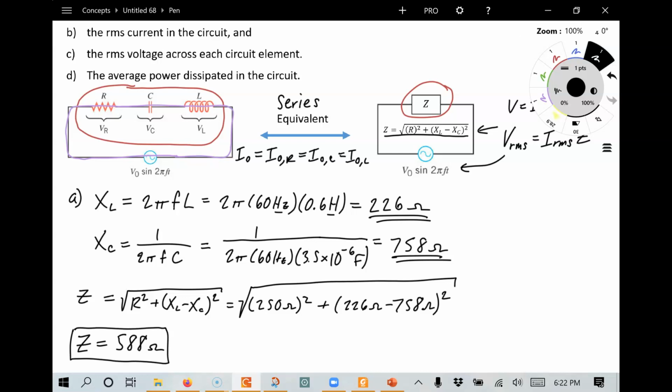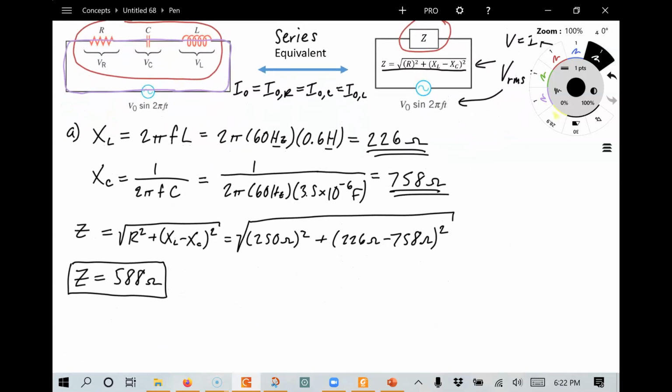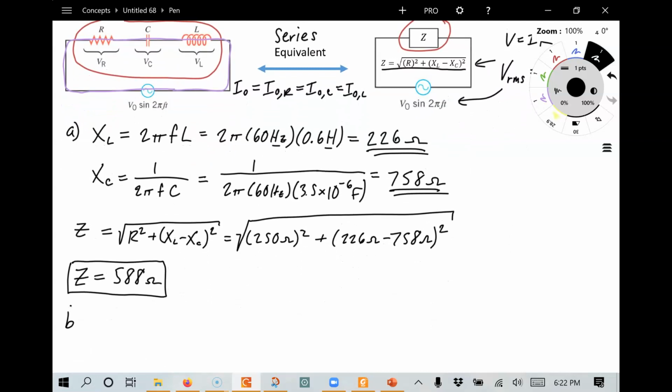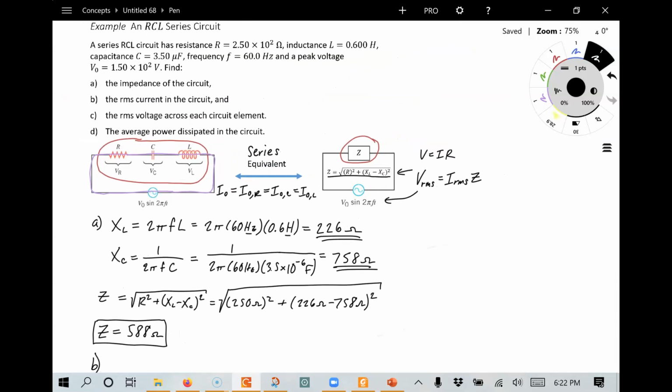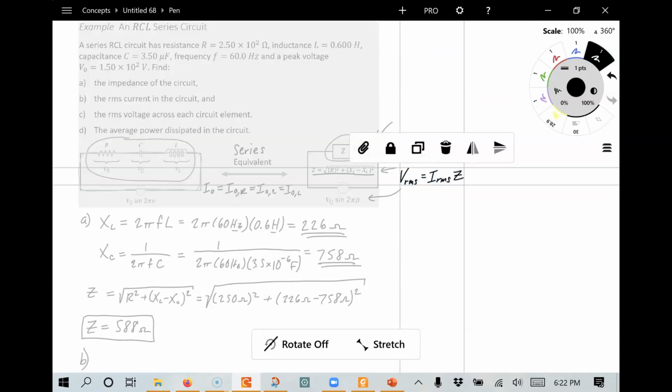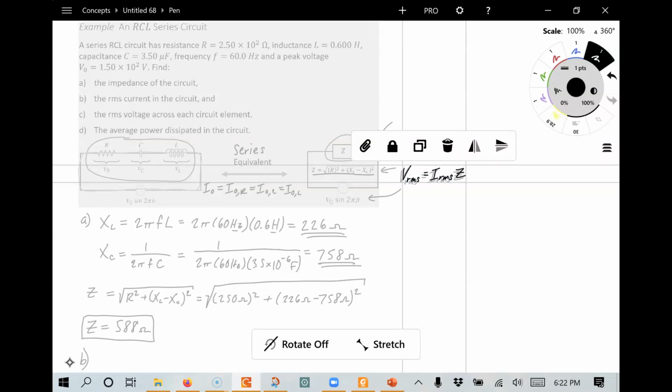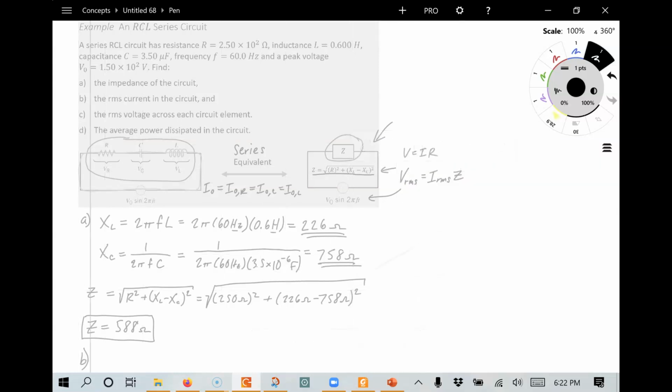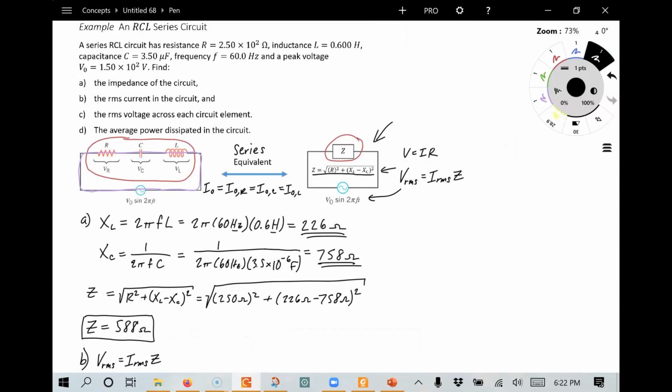All right, now to do part B, we're just looking at this simple circuit right here, and we're going to use simple Ohm's law. However, notice that we've been given the peak voltage instead of the RMS voltage. So we need to convert that to an RMS value.